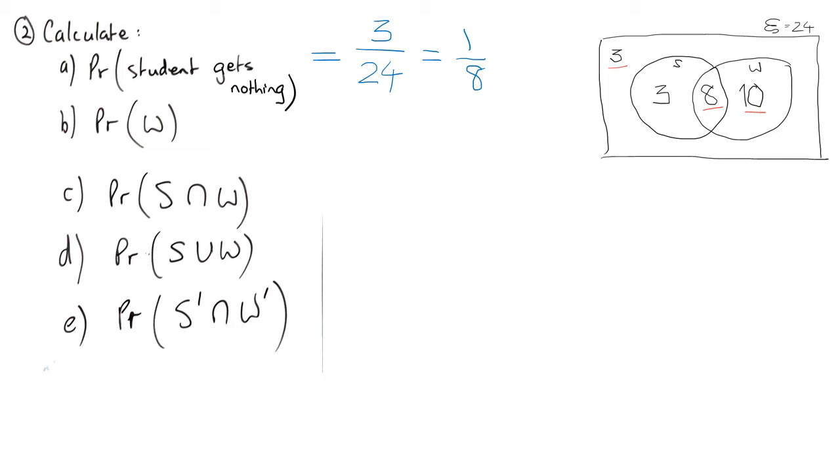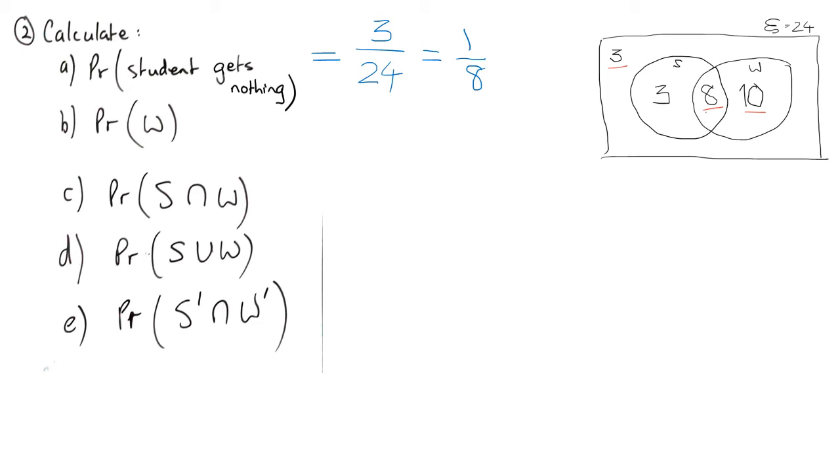Okay, then the next one is the probability of W, so thinking about WASPs. If we're doing this from our two-way table, that's actually easier because we've already totaled up the number of people in W. But if we're doing it from the Venn diagram, we've just got to be careful that when we're saying the probability of W, we don't care about any other information.